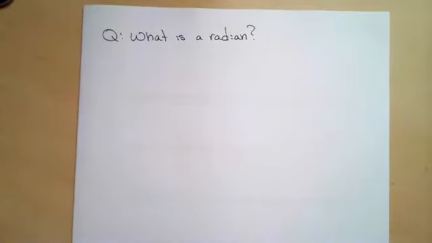Anyone know this? It's something they often don't seem to teach in high school or emphasize. Isn't it just another type of measurement? It is, but how is it measured?